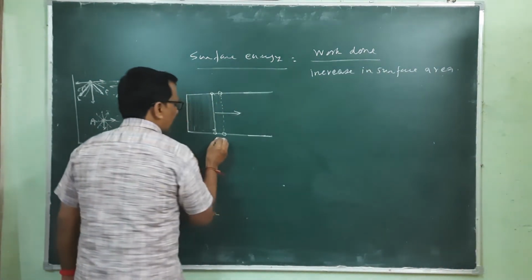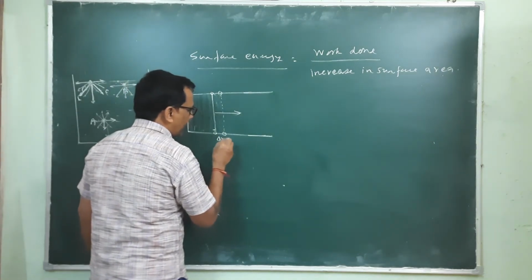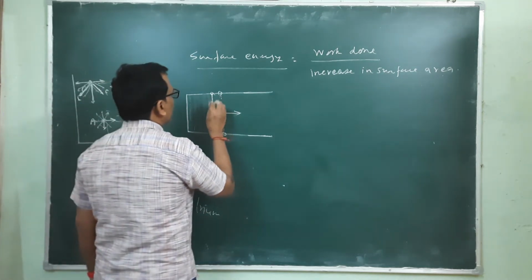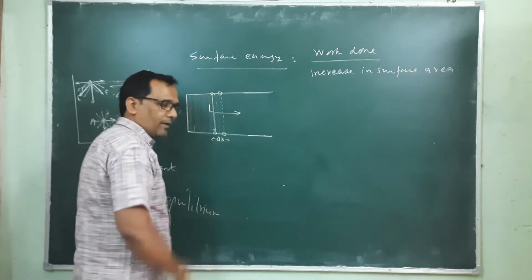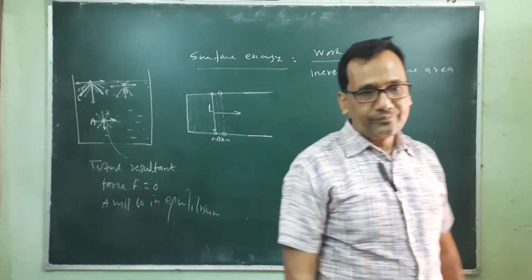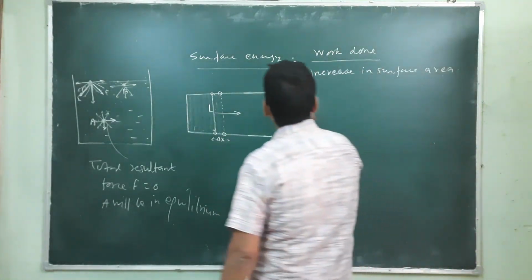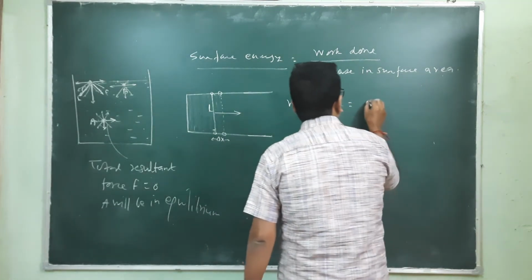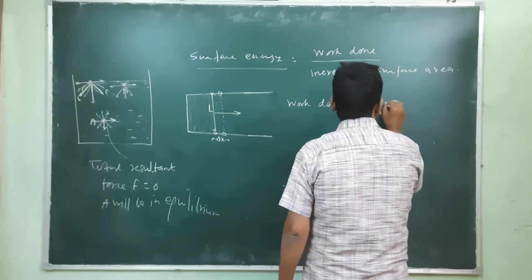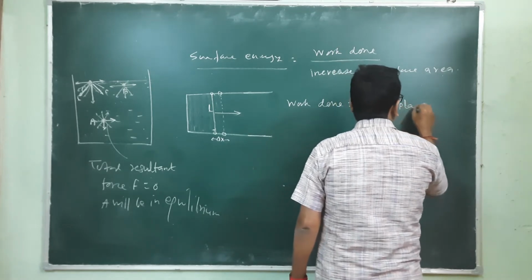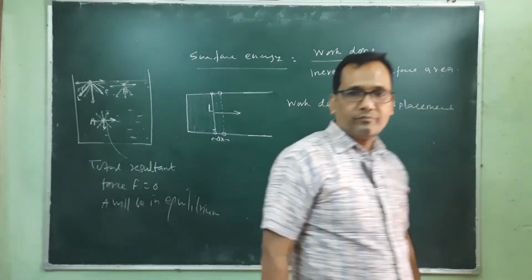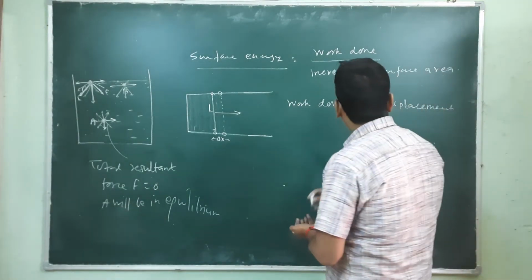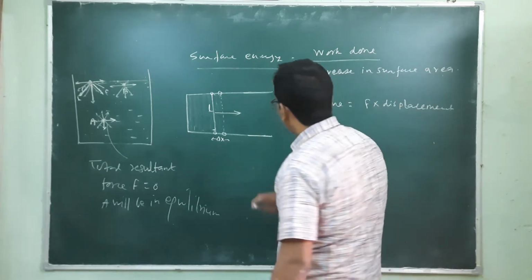Let us say this displacement is delta x, and the total length of this wire is L. So we can calculate work. The work done is equivalent to force multiplied by displacement, and the displacement is delta x here.